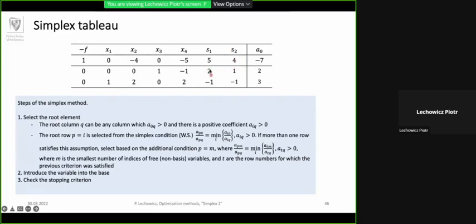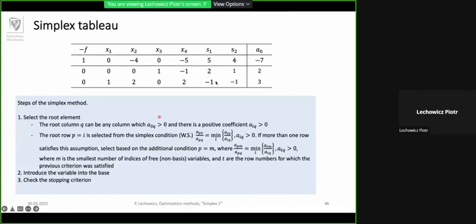And if we have more positive coefficients in the column we are selecting, we select such a row for which we have the lowest simplex condition, so the division of the right hand side by the coefficient is the lowest.